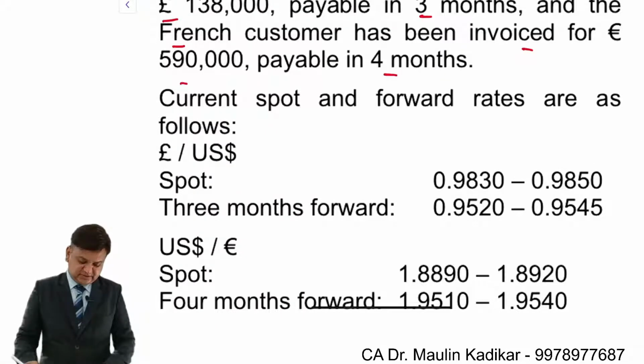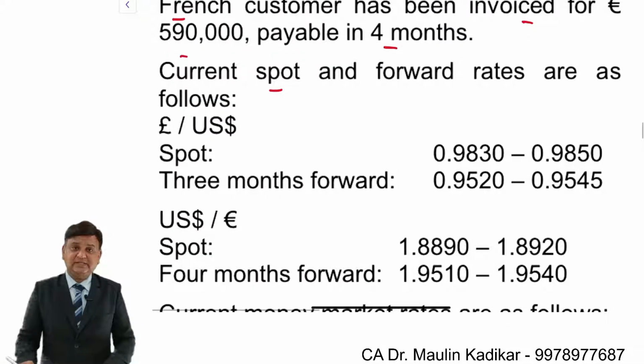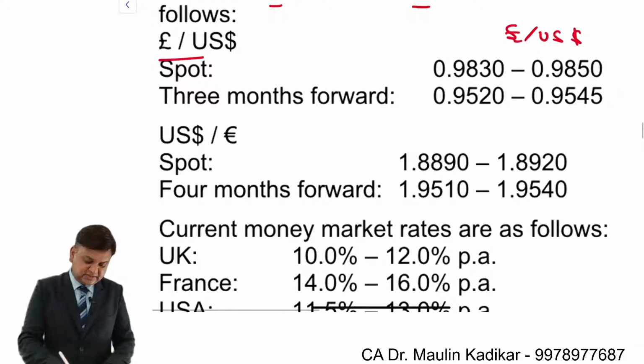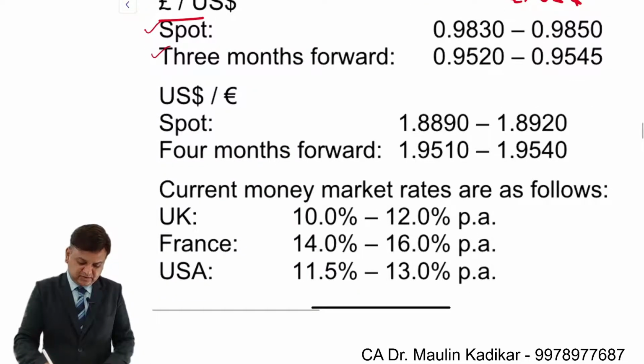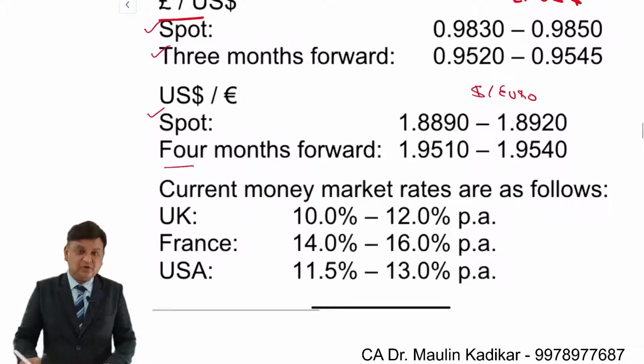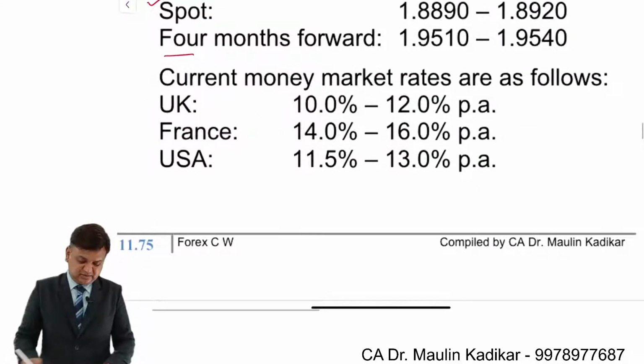payable in 4 months. Spot exchange rates and forward exchange rates are provided to us. That is pound per United States dollar. The spot exchange rate is given to us and the 3 months forward exchange rate is given. Then dollar per euro. The spot rate is given and the 4 months forward exchange rate is given.